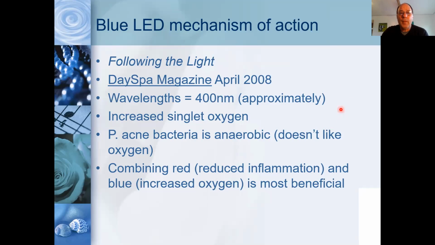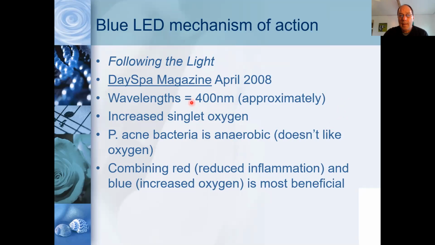Let's look at how blue light works in the LED industry for estheticians. So if you look at the Roy G. Biv visible light spectrum, the B part of Roy G. Biv is blue, and the wavelength at blue is around 400 nanometers.